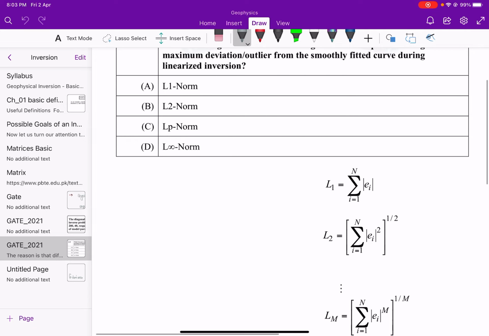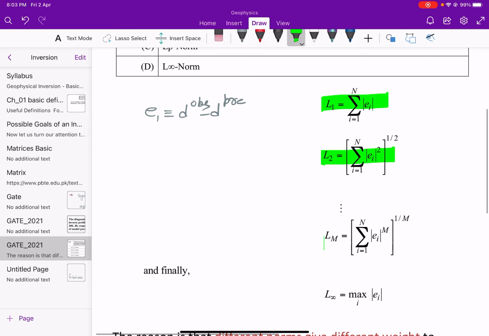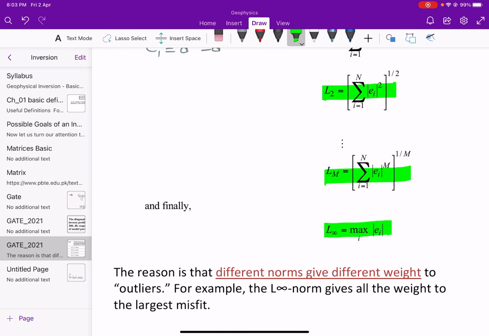This is the definition of the L1 norm, and mod E is the error vector, which is given by D observed minus D predicted. This is the difference between them. Similarly the L2 norm is defined by this equation. The LP norm is defined by this, and the L infinity norm will be defined by this equation.